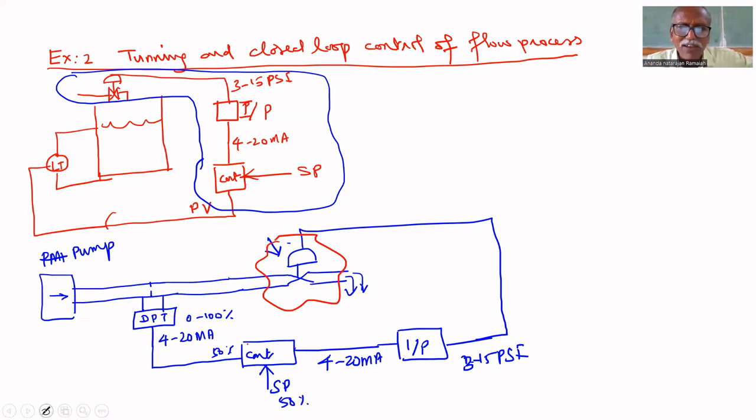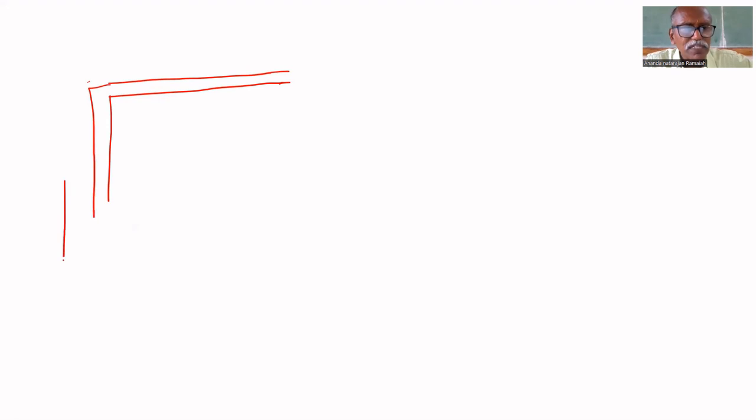So nowadays, these valves are replaced by variable frequency drives, which we will see now. Instead of pumping the same amount, instead of the valve, it is replaced by a pump.